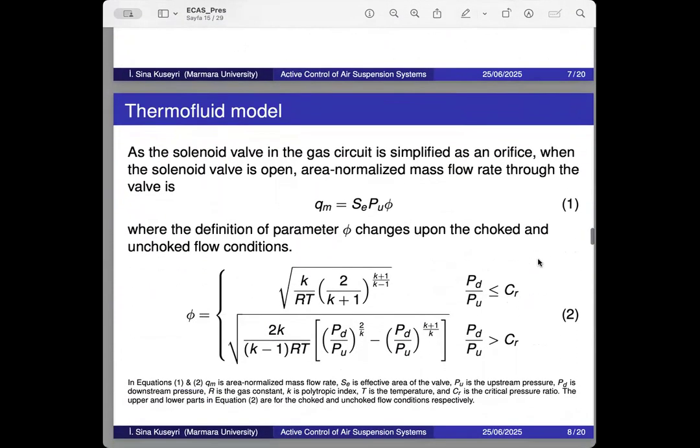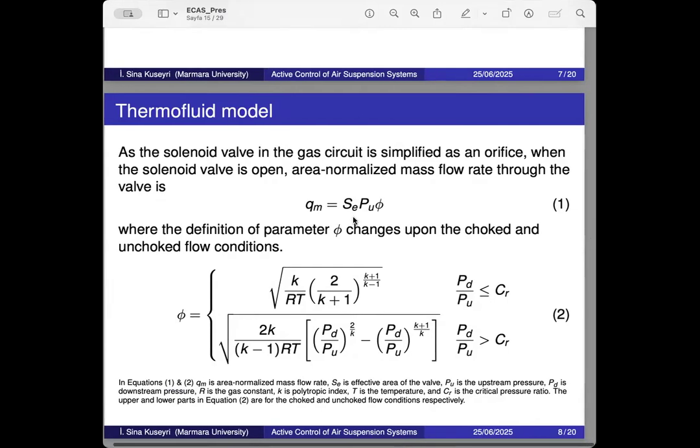That's the thermofluid model. As you see, the solenoid valve in the gas circuit is simplified as an orifice. So when the solenoid valve is open, the area normalized mass flow rate through the valve is given by equation number 1, where the definition of the parameter phi changes upon the choked and unchoked flow conditions.